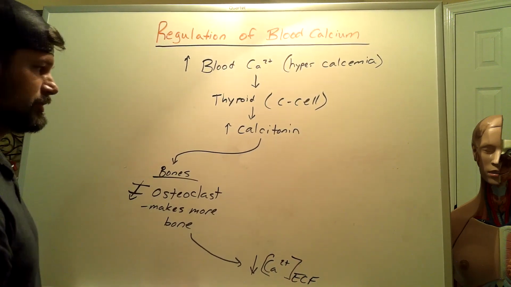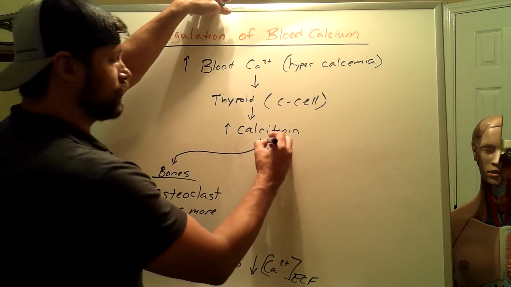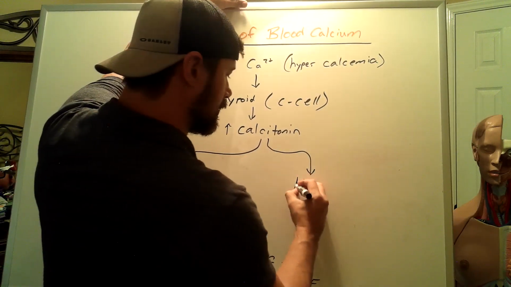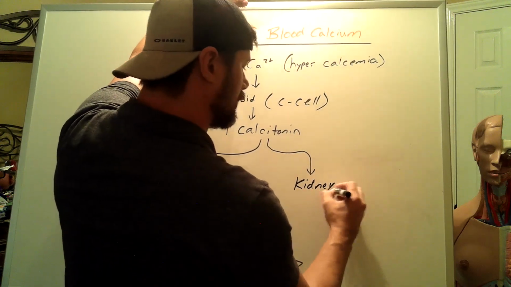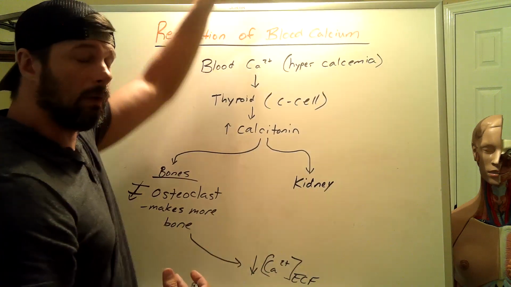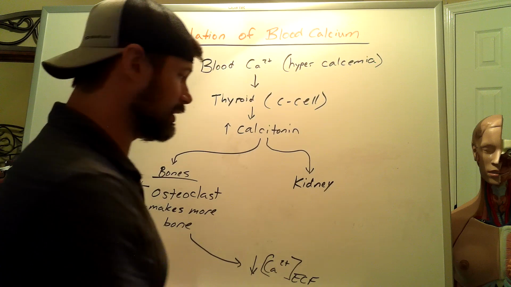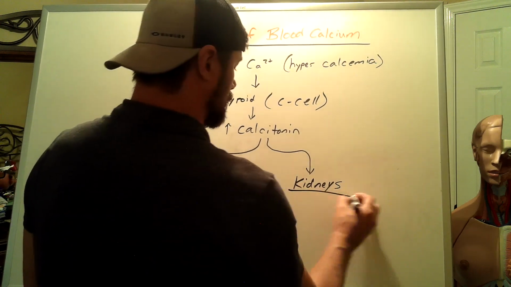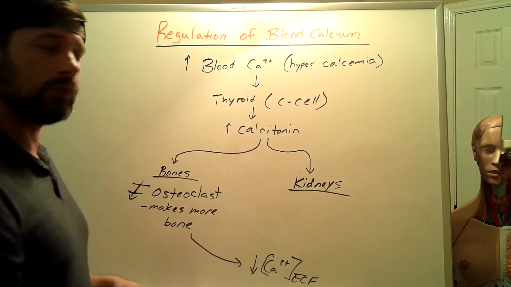What else can calcitonin act on? Hopefully you guys are starting to go, kidneys. Because kidneys are a way of either retaining or getting rid of excess material in our body. Kidneys are pretty much the only way. So our kidneys here are going to do what?